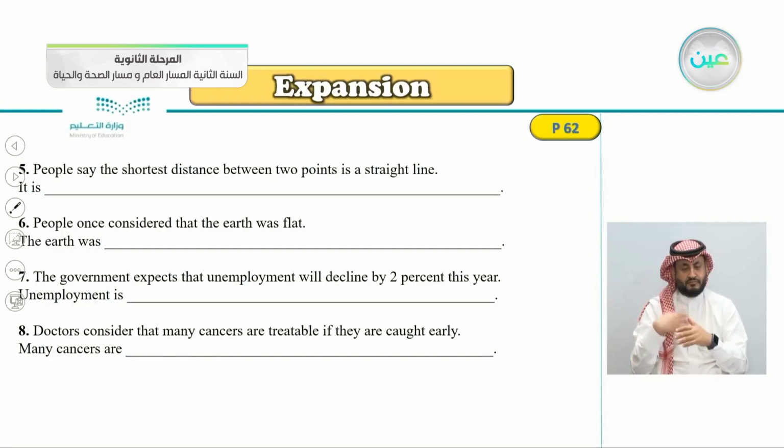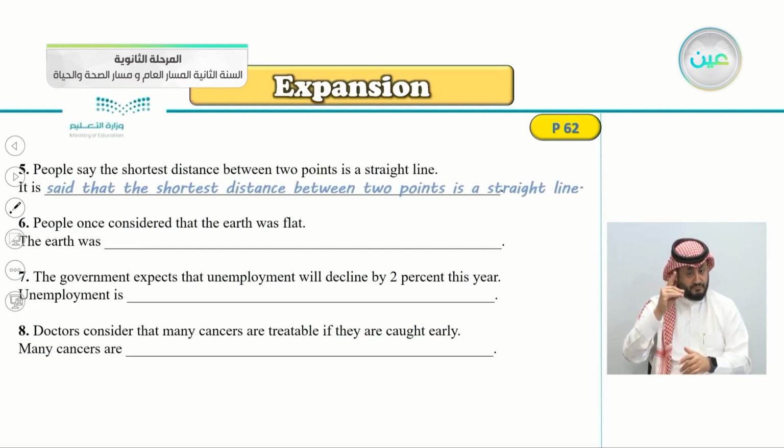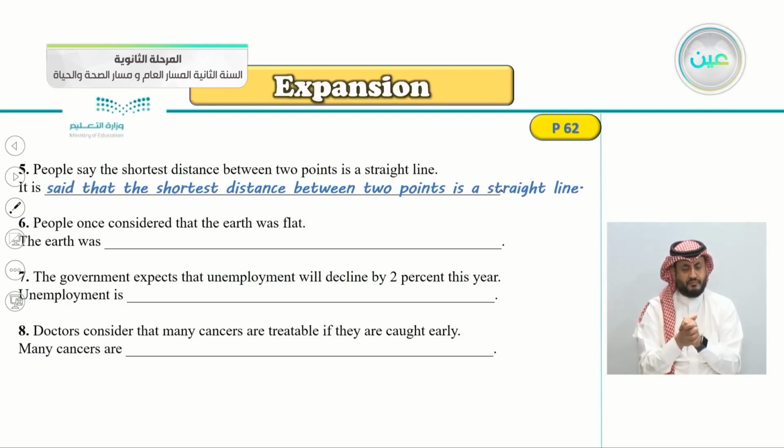Number 5, people say the shortest distance between 2 points is a straight line. So it is, yes, it is said that the shortest distance between 2 points is a straight line. Who say this? People.